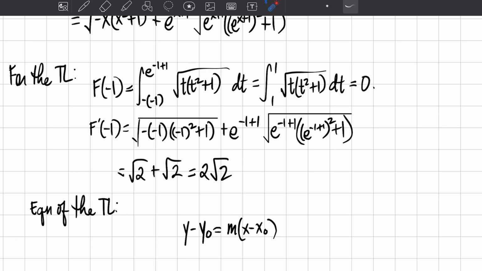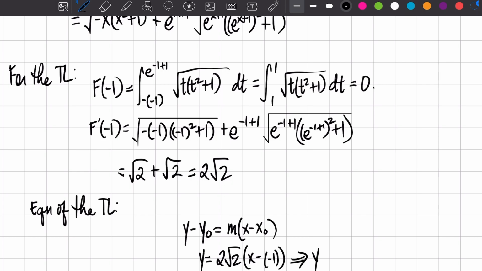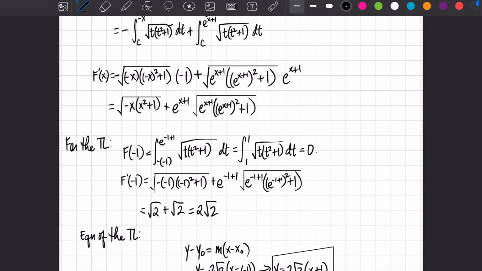Here, your y naught would be f of negative 1, so that's y minus 0, or y equals, for the slope, that would be your f prime of negative 1, so that's 2 square root of 2 multiplied by x minus x naught. So your x naught is negative 1, so that's x minus negative 1. And finally, rewriting this, we have y equals 2 square root of 2 multiplied by x plus 1. I hope this one is clear. Let's proceed to the next problem.